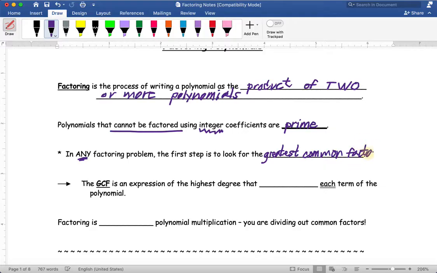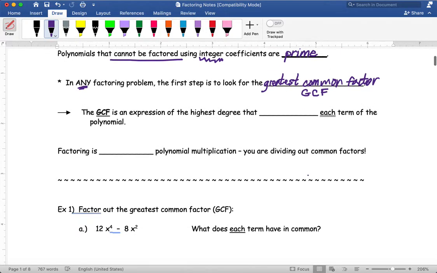All right. Greatest common factor. Folks, you should know this or have heard of this as the GCF, greatest common factor. That's the first thing you always look for. Even in the problems that are more challenging to factor, we're always going to first look for a GCF. When you take a GCF out, it makes it easier to factor.